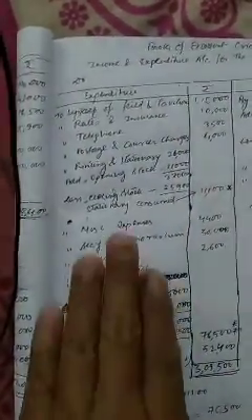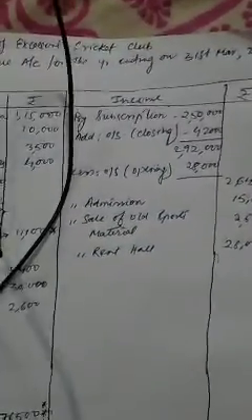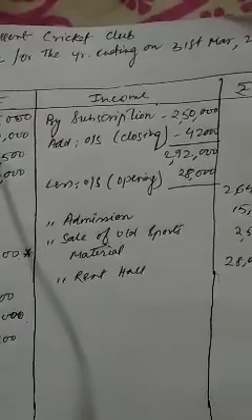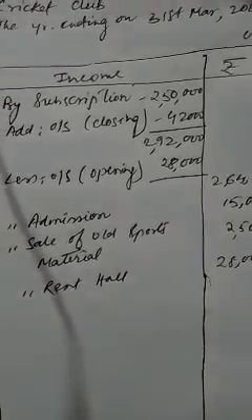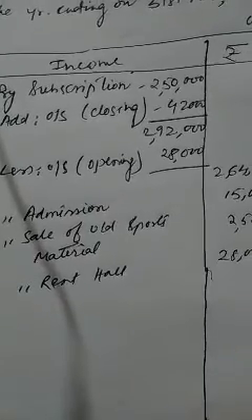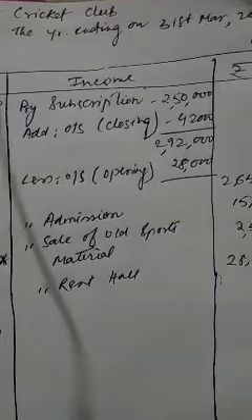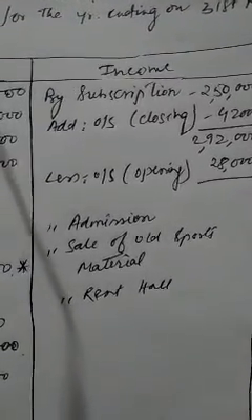So I hope this expenditure method is a little bit lengthy, but it is very easy and interesting. So let us come to the income side. Here I have subscription. Subscription is 2,50,000. We have taken it from the receipt side of the question, and I have added outstanding closing balance 42,000.